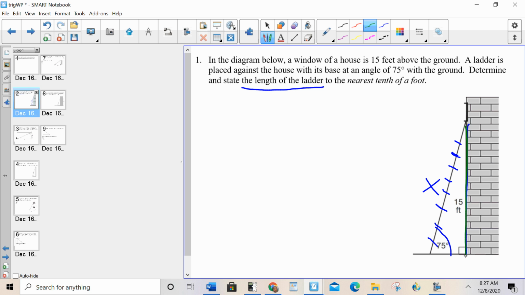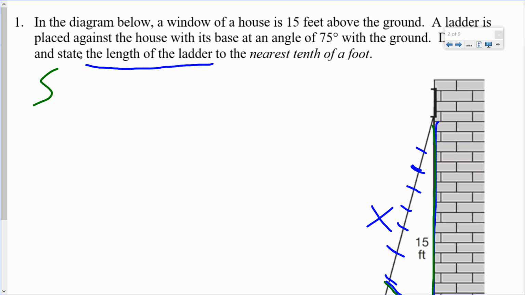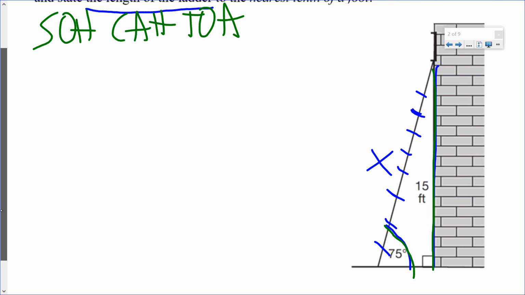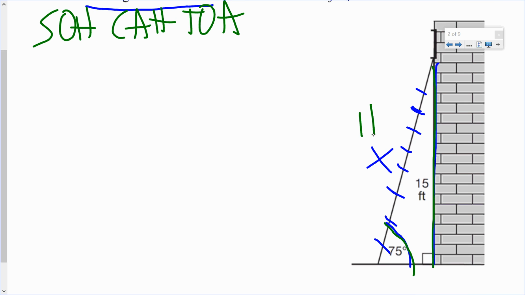So I see a right triangle. Is there an angle involved? Yes. So I'm going to use SOHCAHTOA. Label your A, your O, and your H. This is my H. My angle connects my H to my A, which makes this my O. Out of A, O, and H, which two are involved?